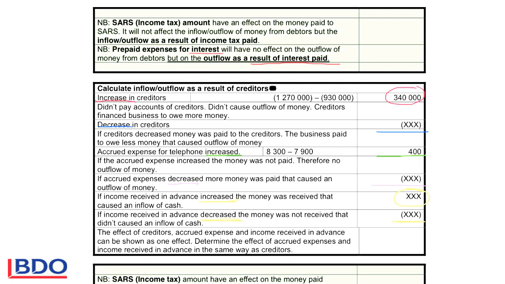If creditors increase, it is an inflow of money. If income received in advance increase, then it's an inflow of money. If accrued expense increase, it is an inflow of money. So you can think it out exactly the same as you would think out creditors.